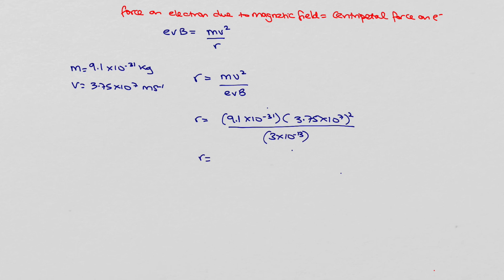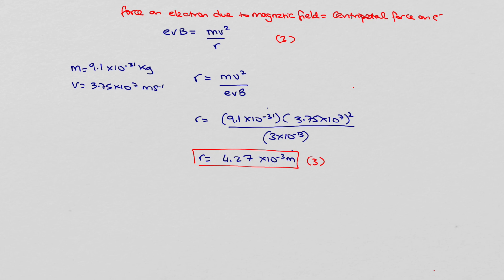And therefore the radius is equal to 4.27 by 10 to the power of minus 3 meters. So again, we have 3 for our formula and 3 for our answer.